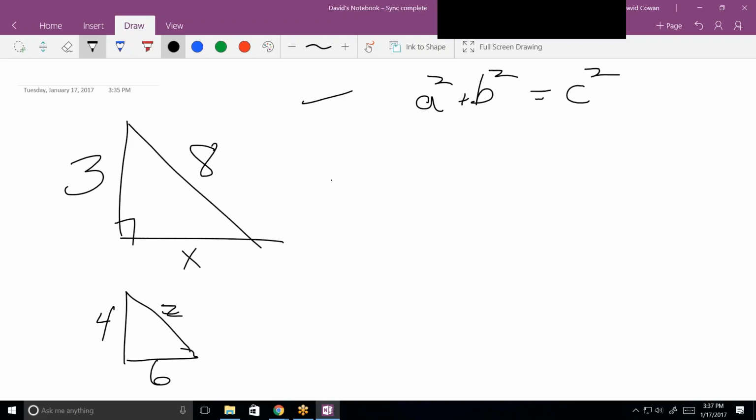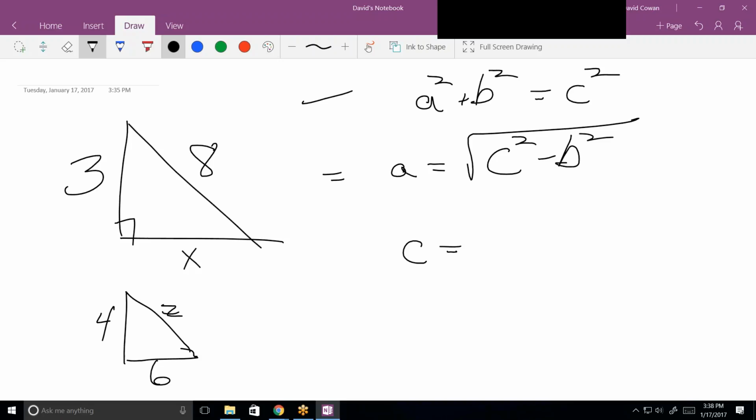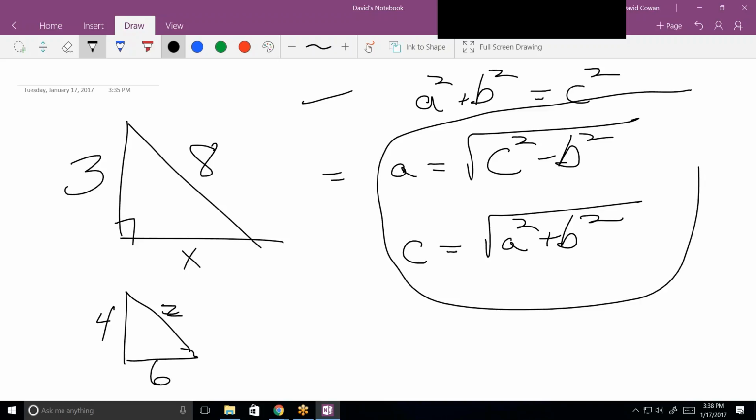Okay? The other short side, a, is always equal to the square root of c squared minus the other short side squared. And the hypotenuse, c, is always equal to the square root of a squared plus b squared. So these two things you want to remember. And notice that that's all you have to remember.